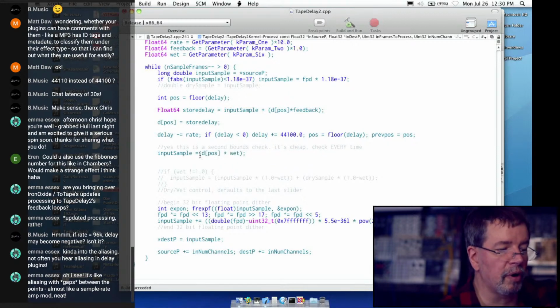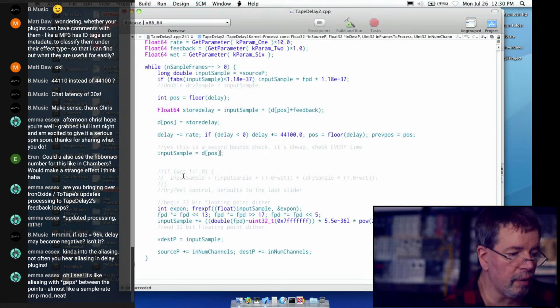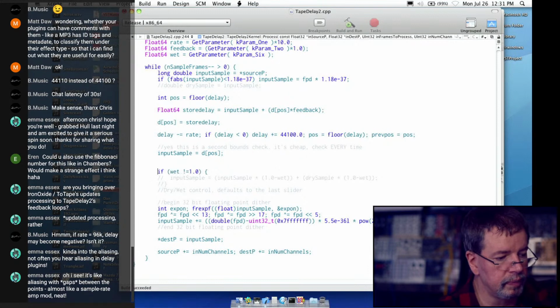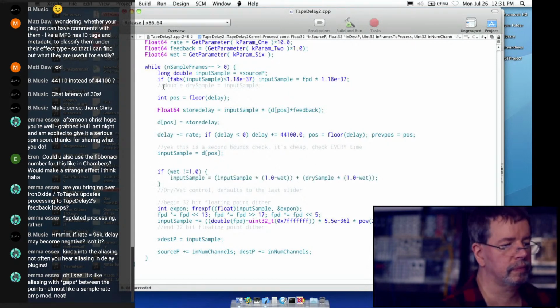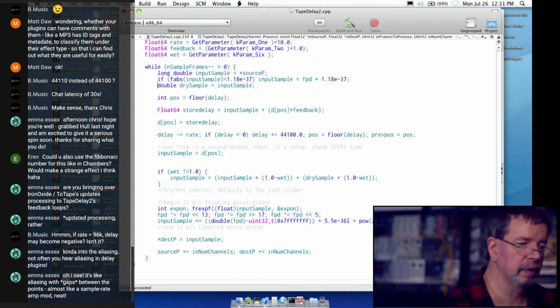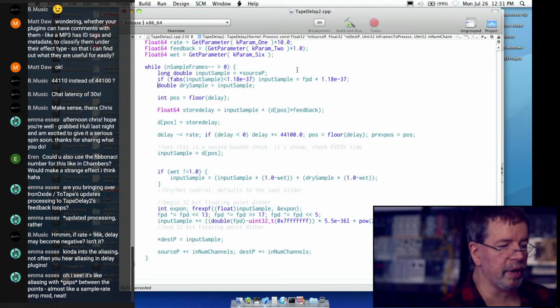We can just take the raw output and that'll be fine. And then I can put the real dry wet back. It does the same thing. Cool. There we are.